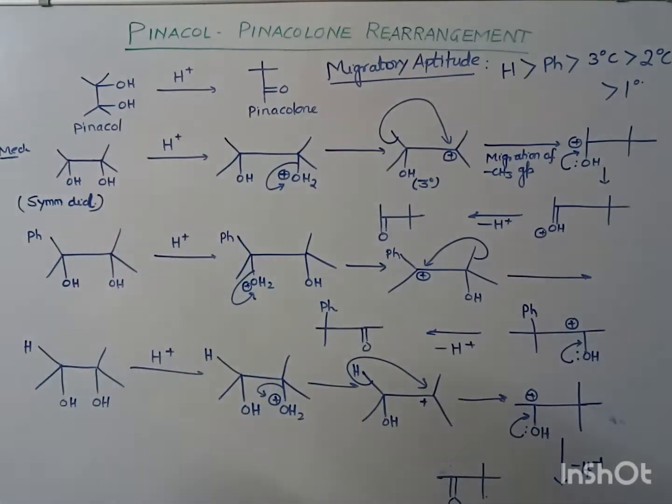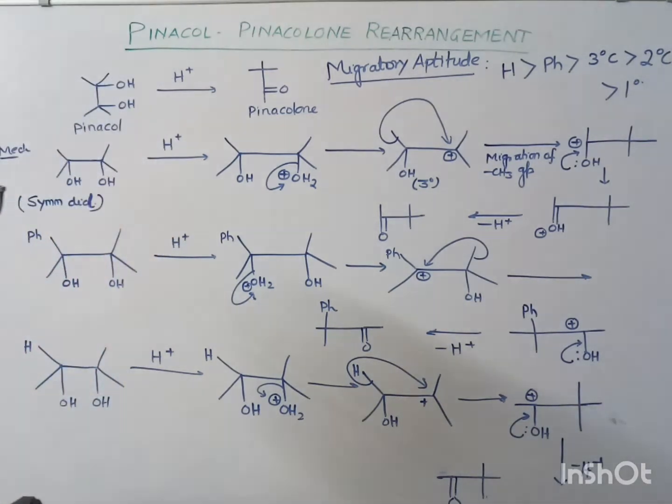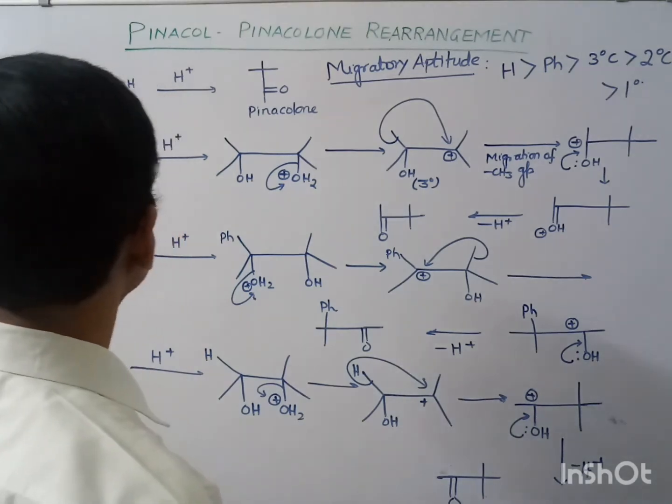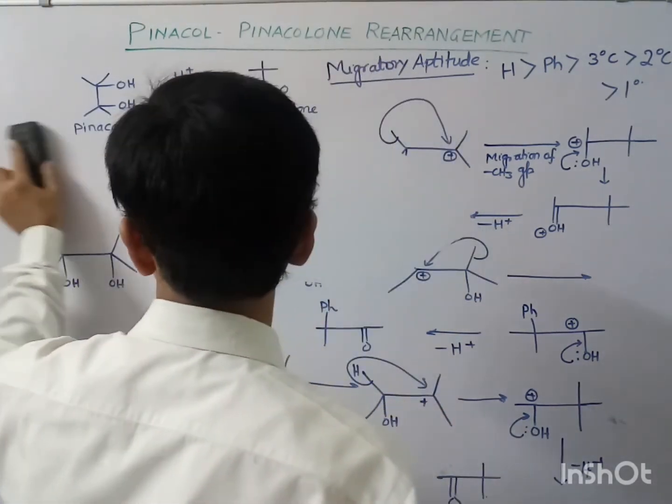Okay, so in this way the migratory aptitude should be followed. Okay. Now suppose you see the next problem.